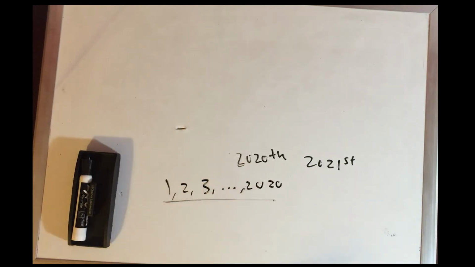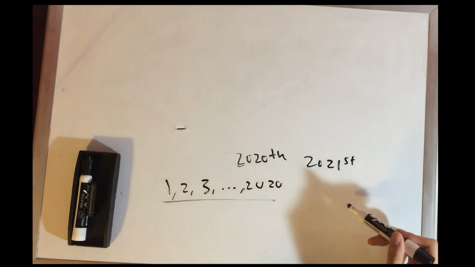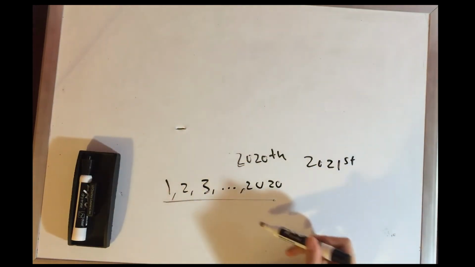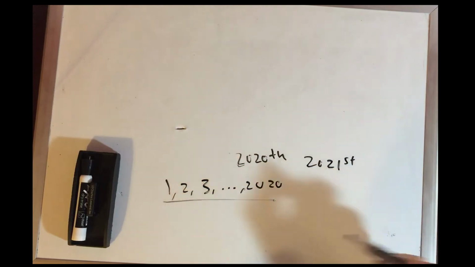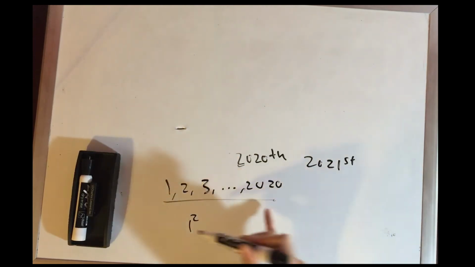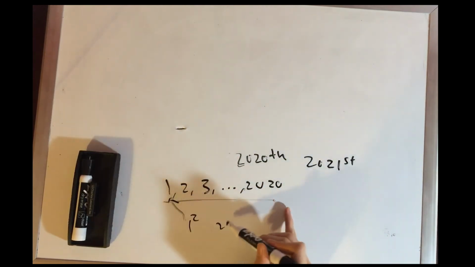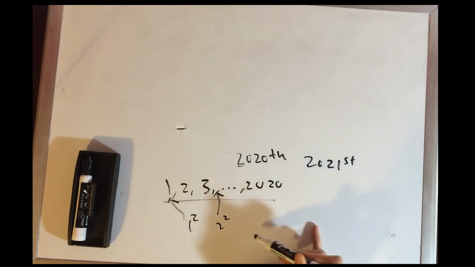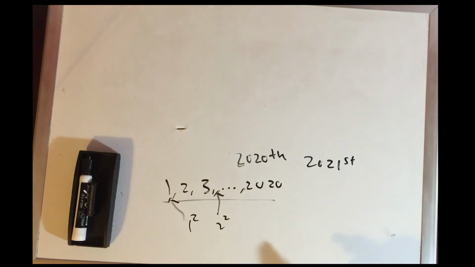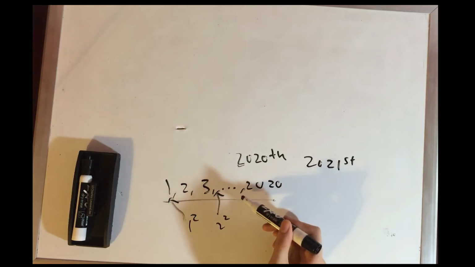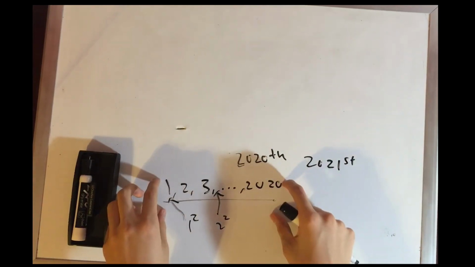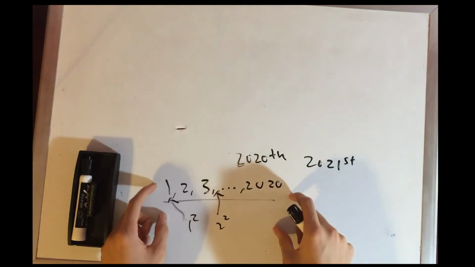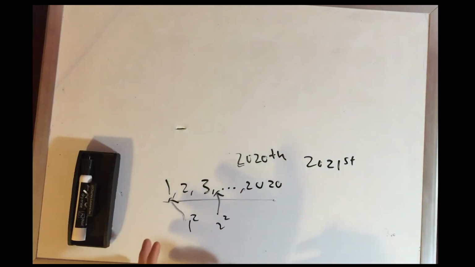But there will be some insertions of the squares into the sequence, right? Like you would have to add 1 squared in there, 2 squared in there, and so on. But you only add a few squares into there.